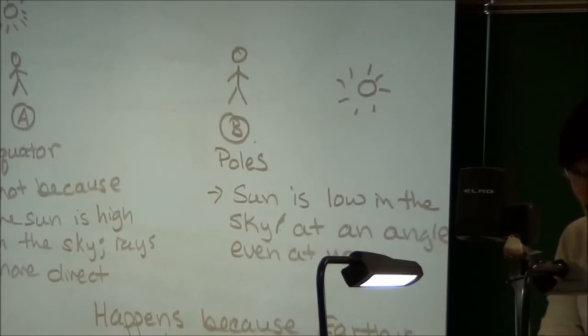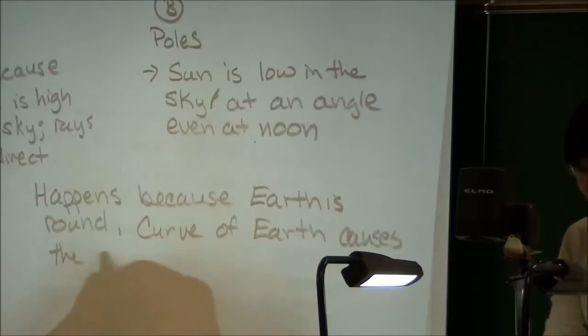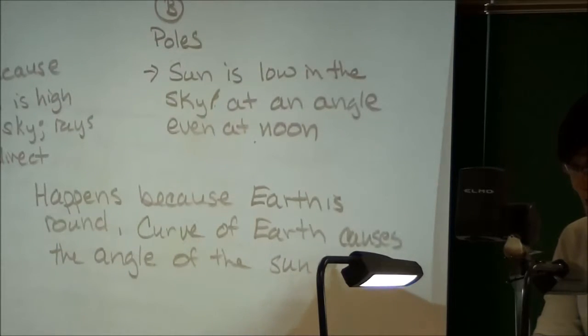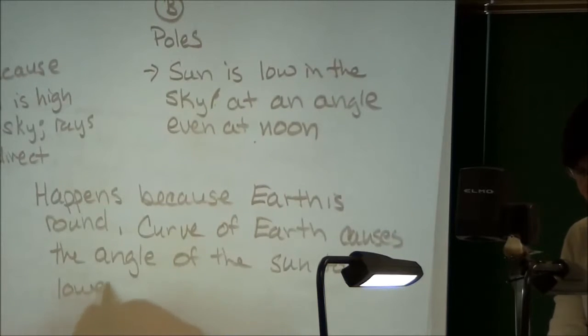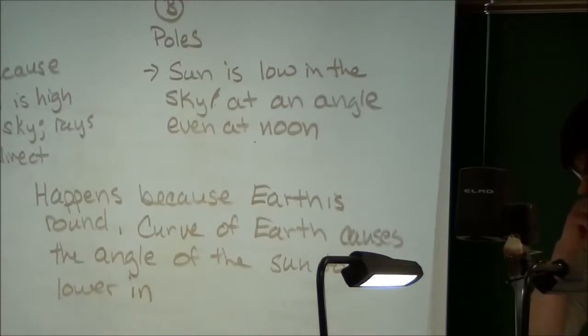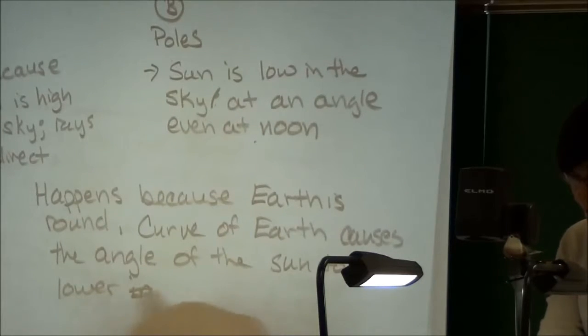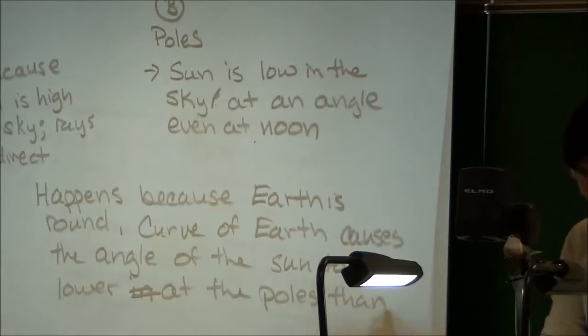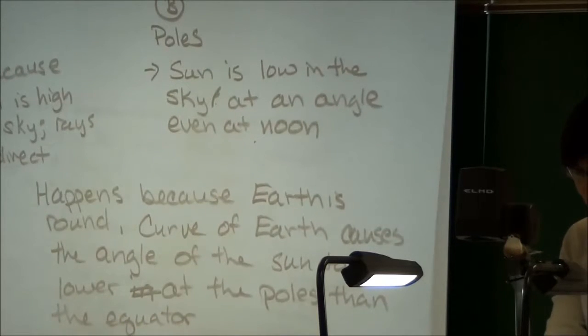So it's the curve of the Earth that causes the angle of the sun to be lower at the poles than the equator. So this is why it is cold at the poles.